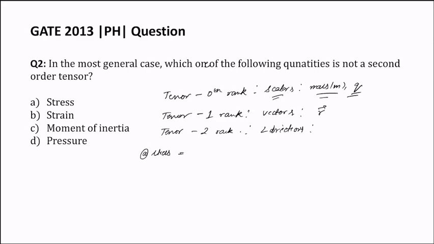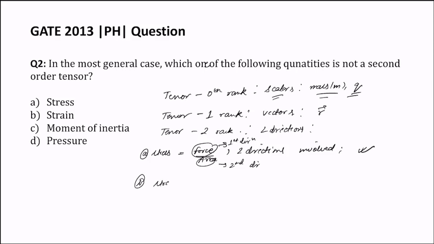Stress is nothing but force per unit area, and there are two directions involved in it. One is the direction of force, the first direction, and the second is the direction of area. Both these directions are different, therefore it is a second rank tensor.